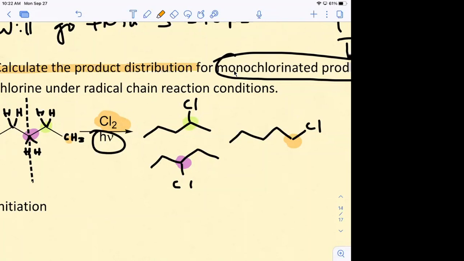All right. Everybody following so far? We're going to show how each one of these is formed, by the way. And then at the end, we're going to go through how to calculate what we call the product distribution.